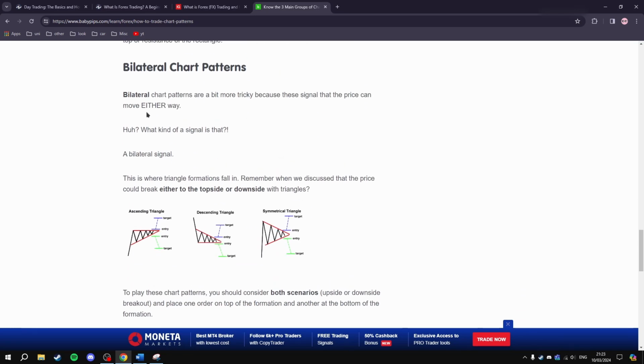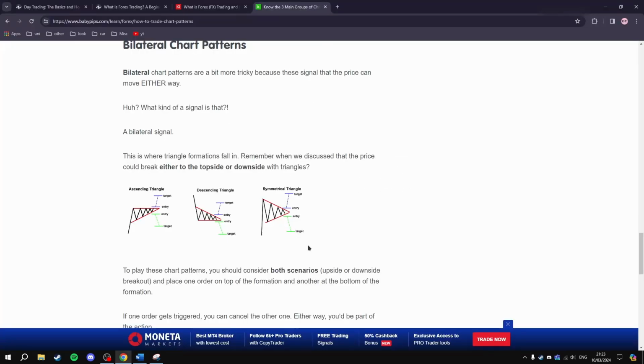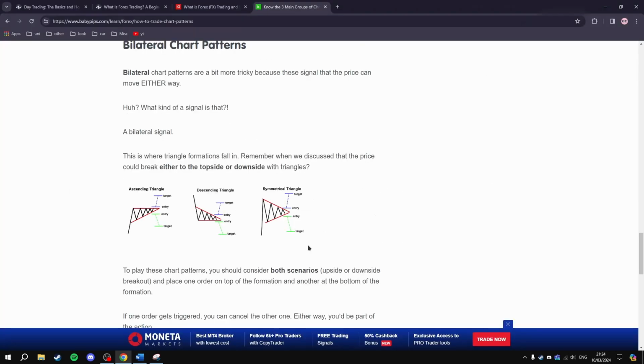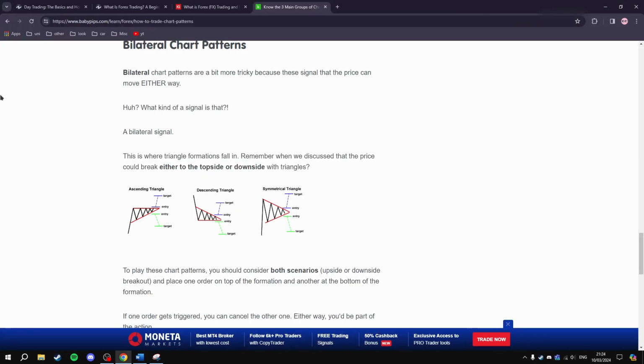Bilateral chart patterns. Bilateral chart patterns are a bit more tricky because these signal that the price can move either way. So these little wedges are the triangles. What kind of signal is that?